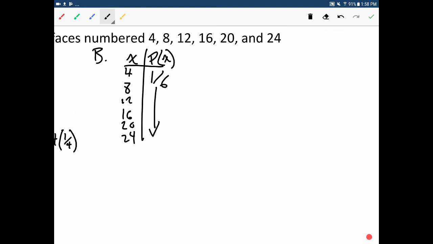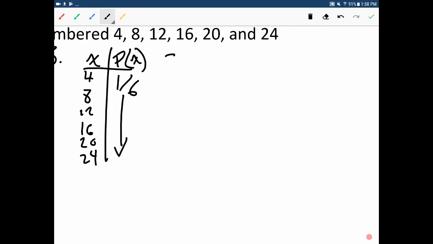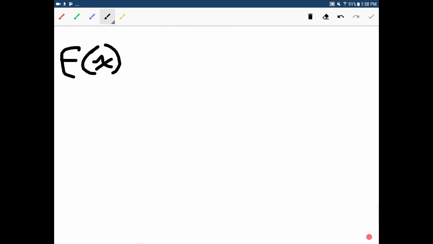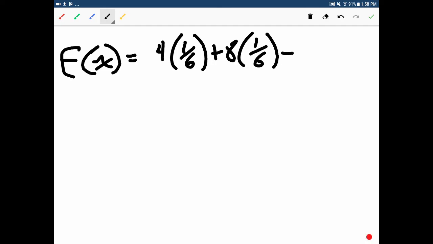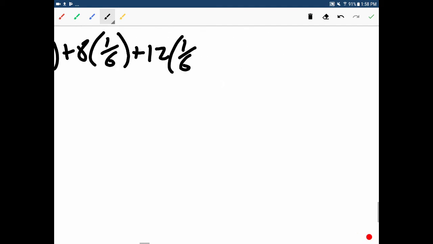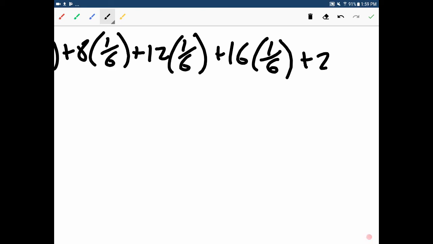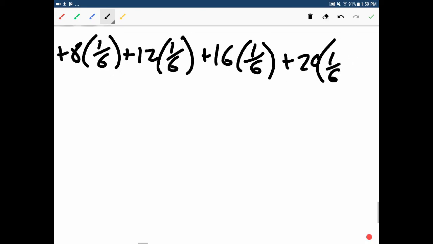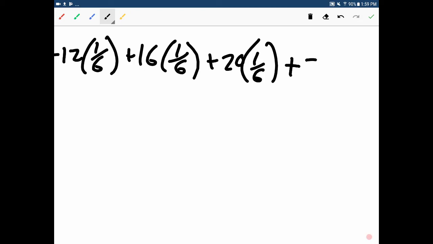Okay, so we'll do B, and the process is exactly the same. Let me zoom in here, it looks a little neater. So I've got 4, and this time they're all times 1/6. So we've got 4, 8, 12, 16, 20, and 24.